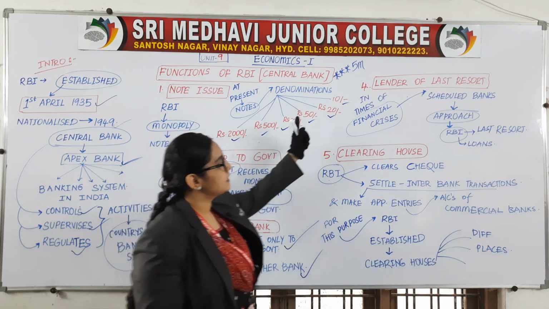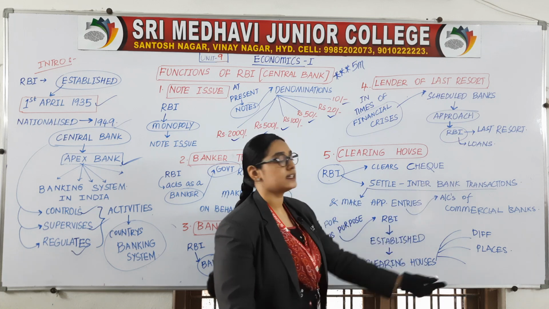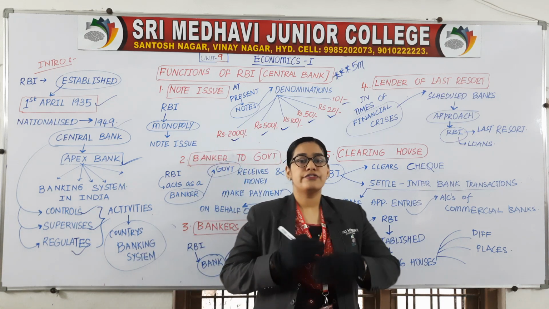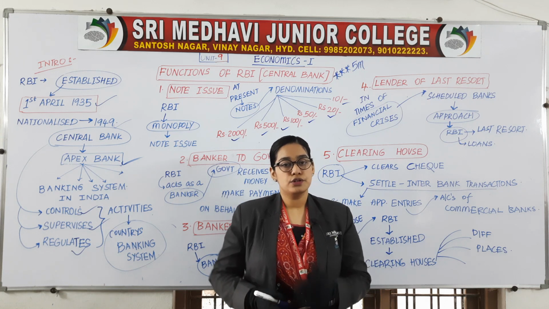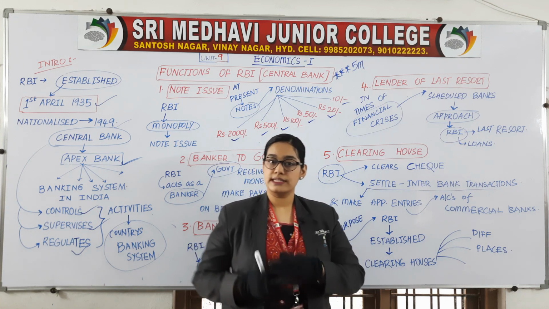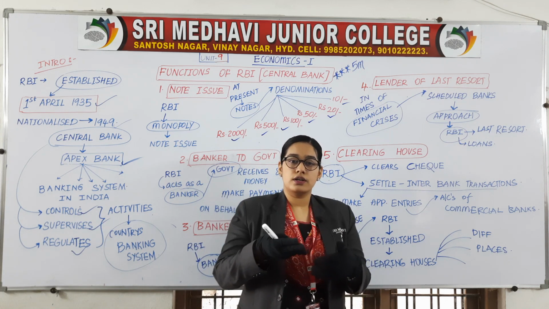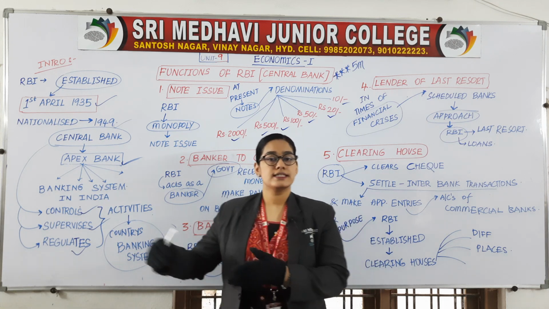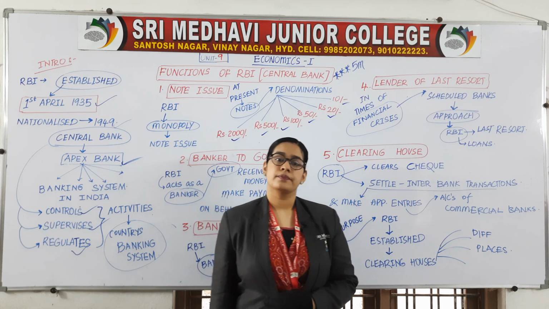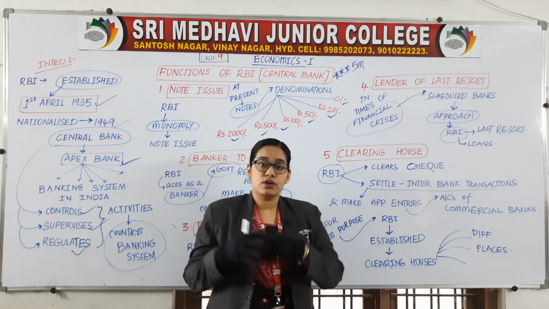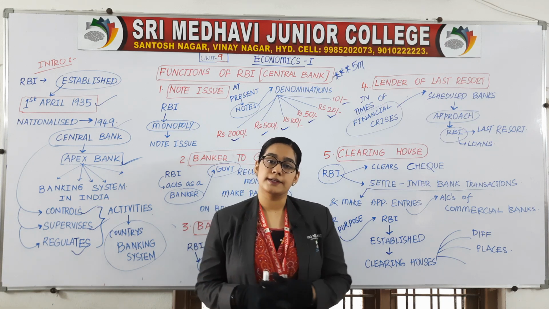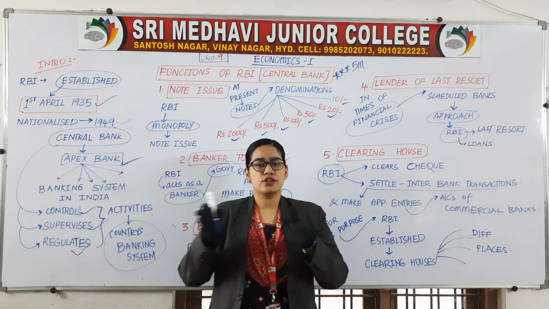The fourth point is lender of last resort. For example, when you are facing some kind of problem, you will try to deal with it yourself. But when you are not able to solve that problem, you will take it to your elder brother or sister. When he or she is also not capable of solving your problem, then you will go to your mother or father, that is your parents.